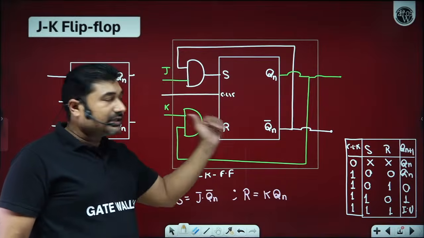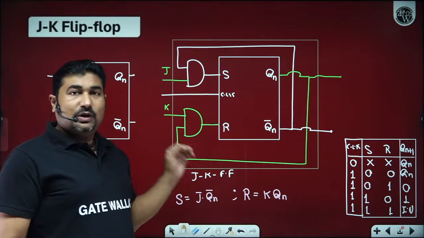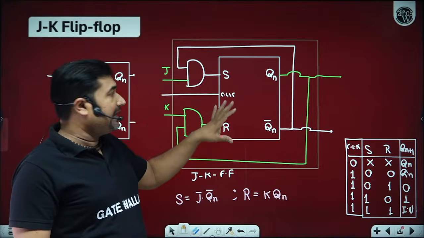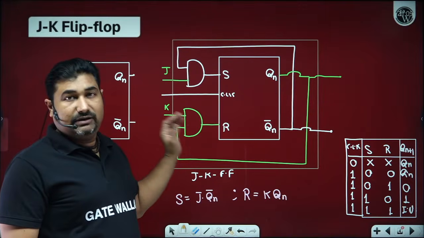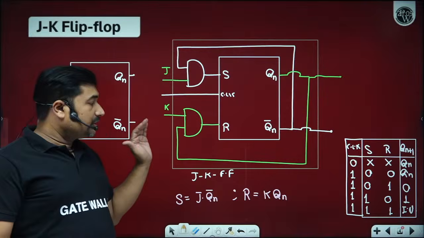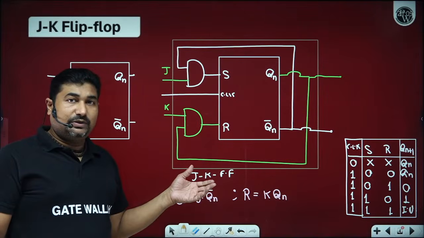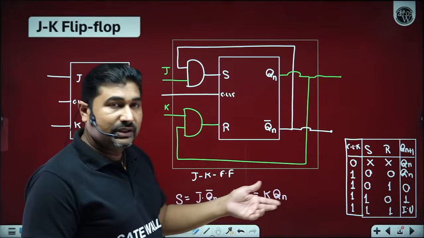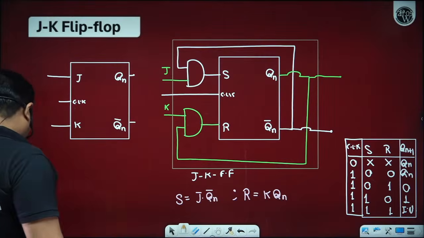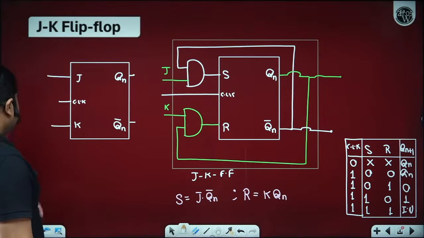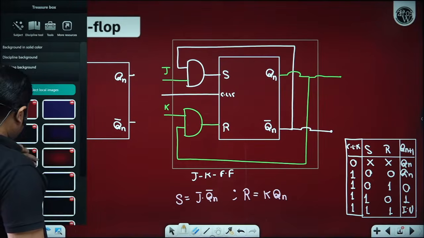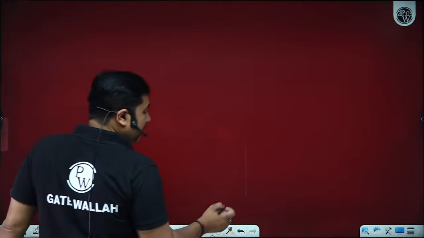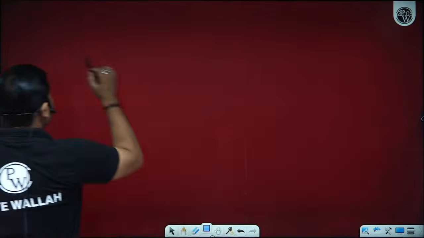The internal circuitry will remain the same. The only thing is, J into Qn bar is going to S and K into Qn is going to R. Qn is the previous state and we are interested to identify the next state Qn plus 1. Is it okay? Yes, sir. Now, in order to understand the functioning of JK flip-flop, we must construct its truth table.